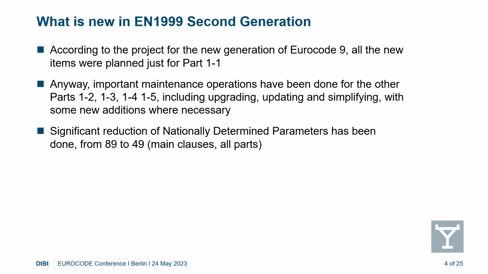So, what is new in the Eurocode now of second generation with regard to aluminium alloy structures?